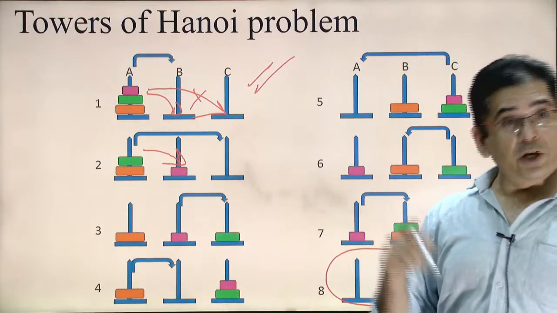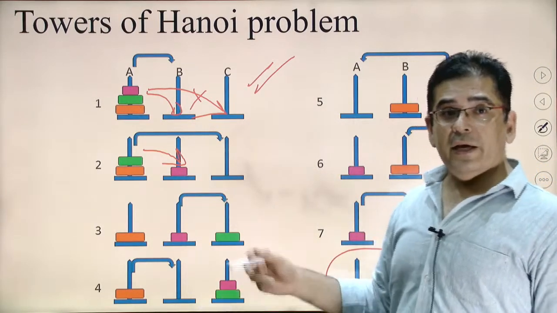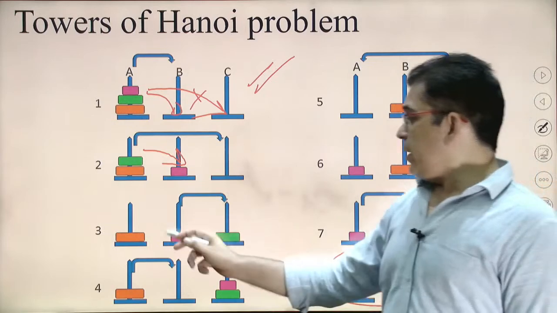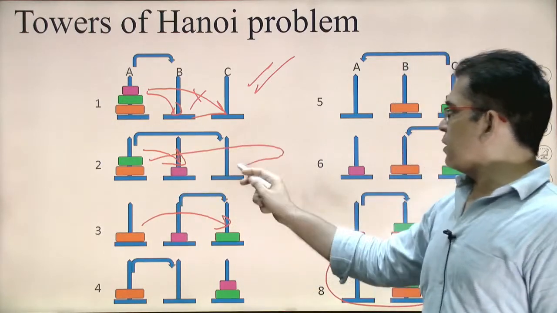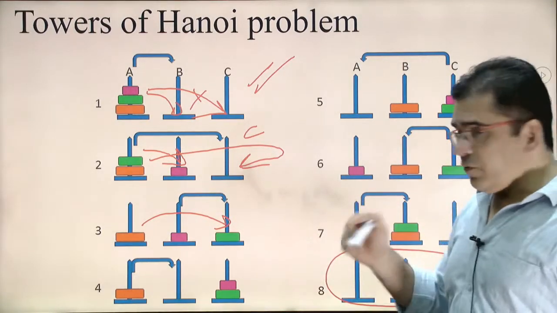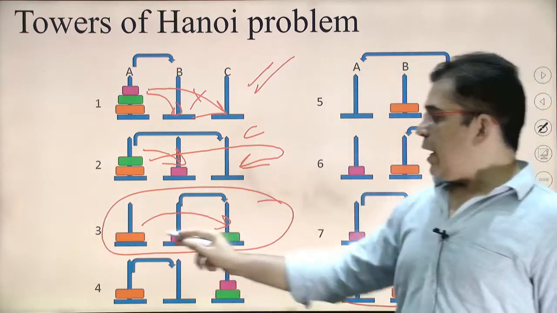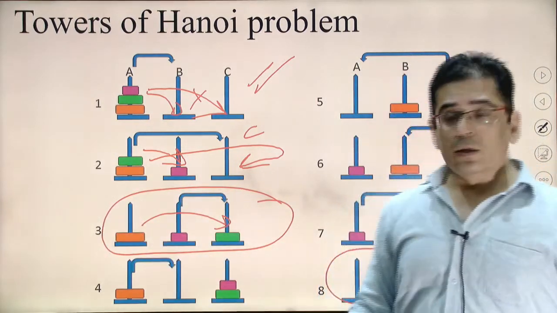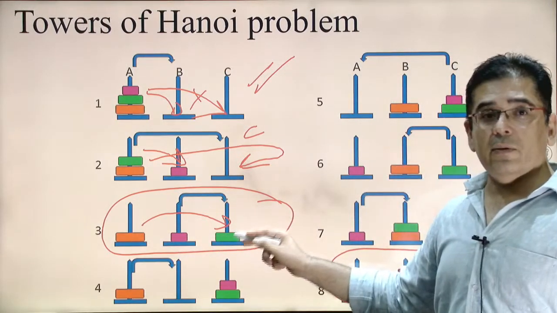But this needs to be at the top because it is the smaller disk. For that I have done another move. The green disk has been transferred from tower A to tower C. So after 2 moves the situation will be like this: the largest disk at tower A, the smallest disk at tower B, the intermediate disk at tower C.